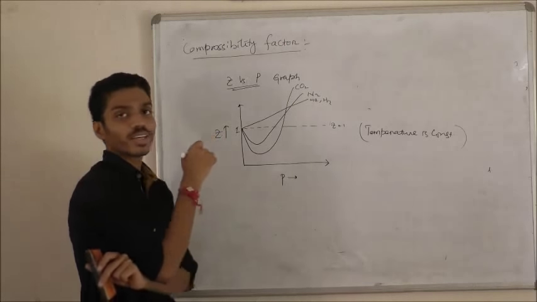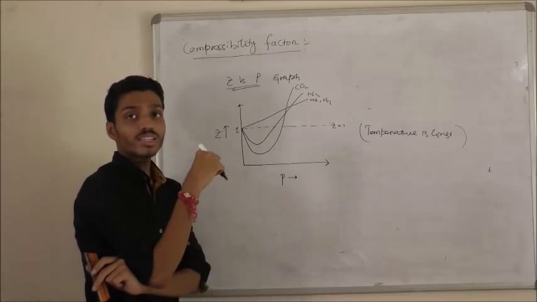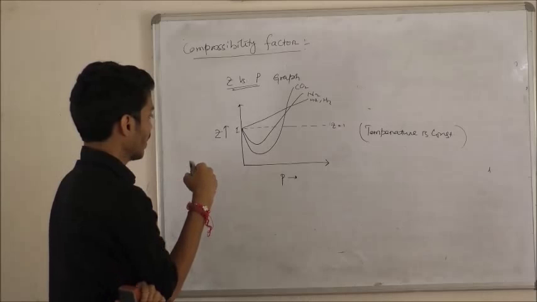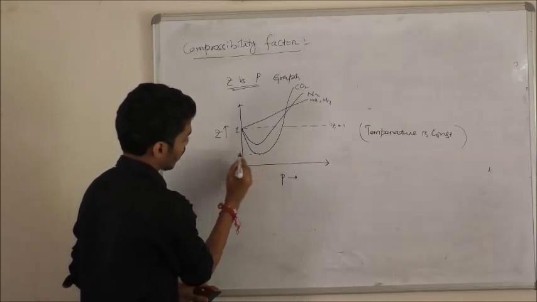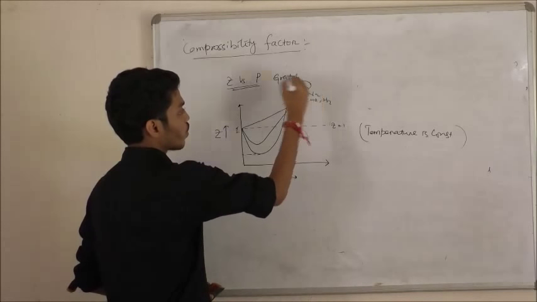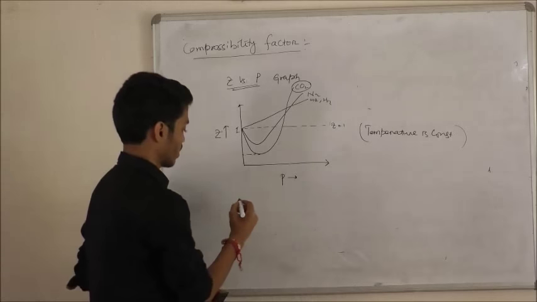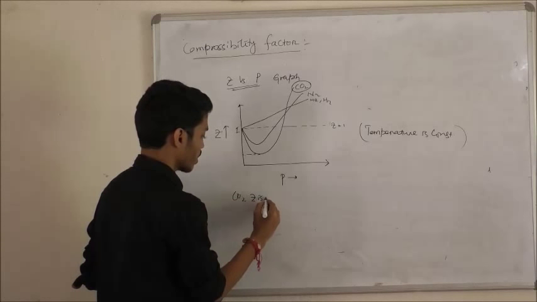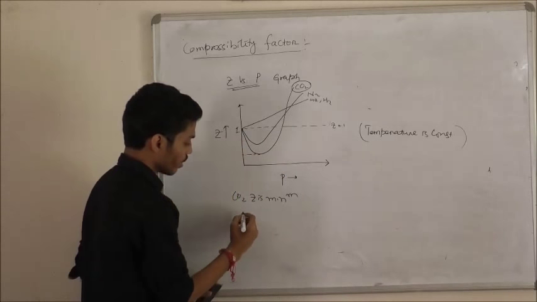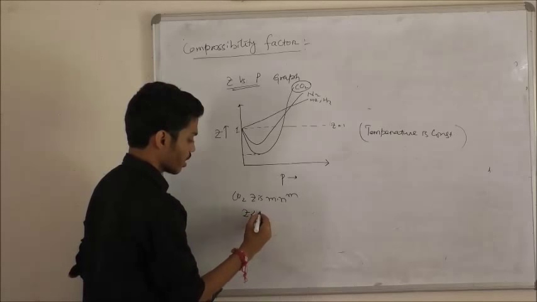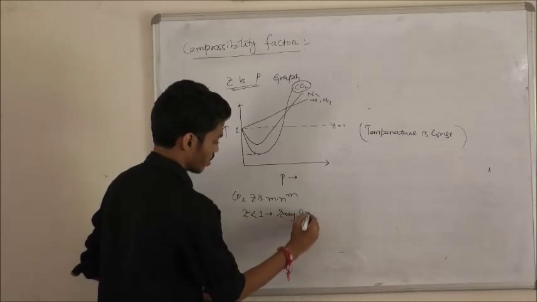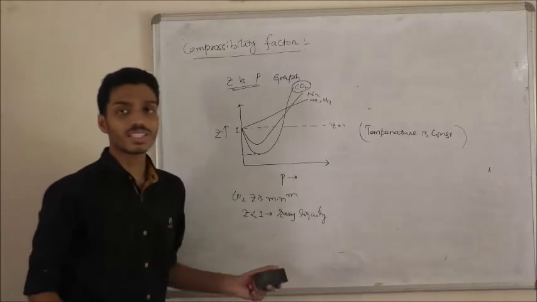Okay students, can you tell me one thing from this curve now, which gas is easily liquefied? You see here the Z value is lowest for whom? This is the lowest Z value, and this is for CO2. For CO2 Z is minimum. And now, as we read before, when Z is less than 1, the gas is easily liquefied.